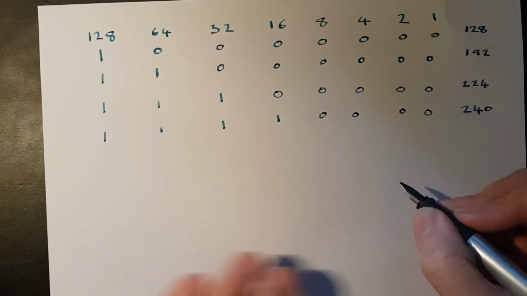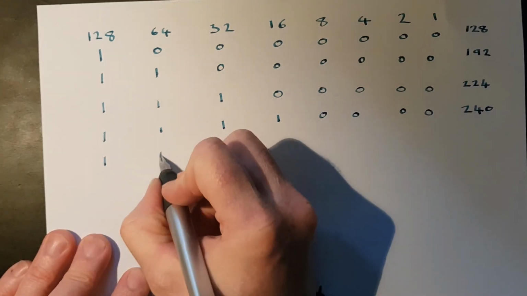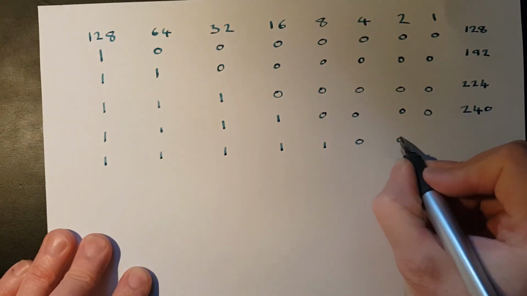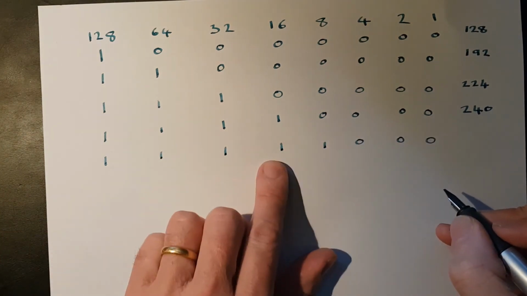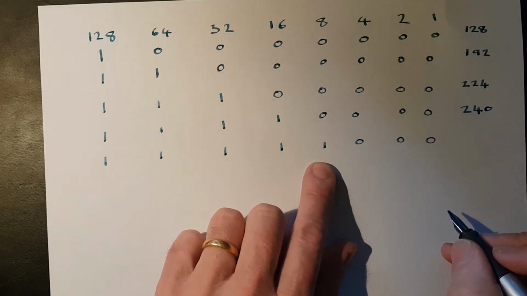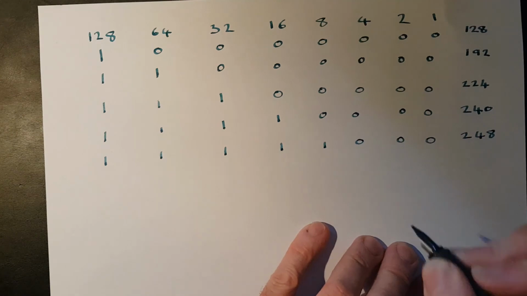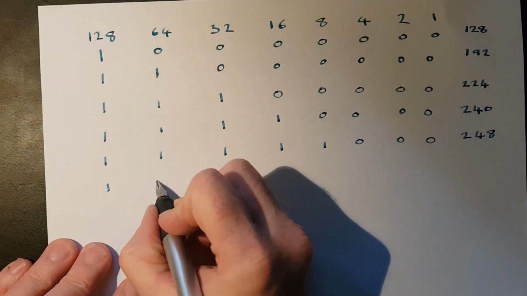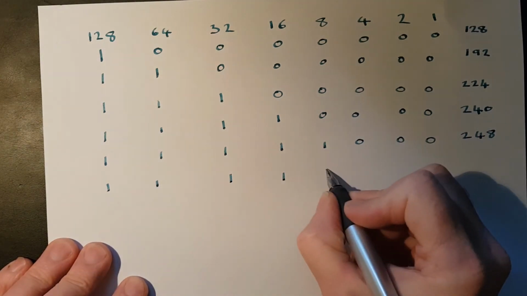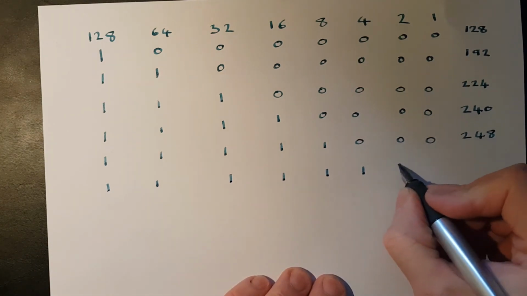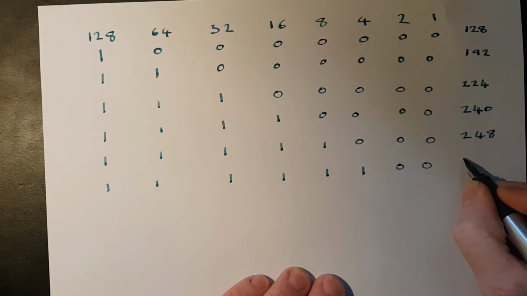So you can see there's not too many valid values that we can actually put in, but let's just carry on the process. So we've got 240 plus the 8 is 248. And then keep going, just a few left to do. 248 plus 4 makes 252.